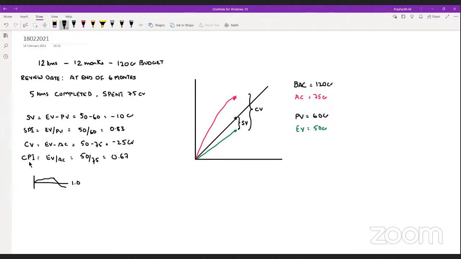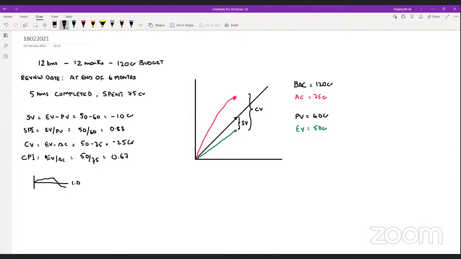The same applies to CPI as well. If your CPI is more than 1, then you're having a cost underrun. You've spent less and achieved more work. And if your CPI is less than 1, it means that the cost overrun is there. So it means you spent more and you have earned less.